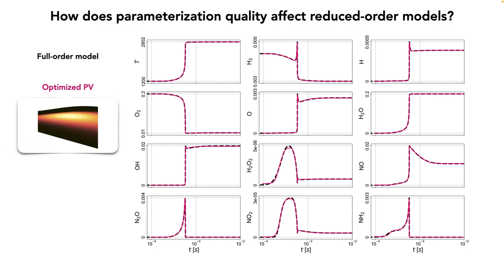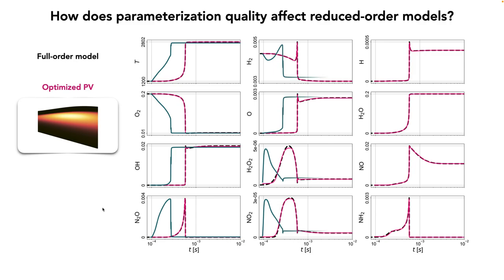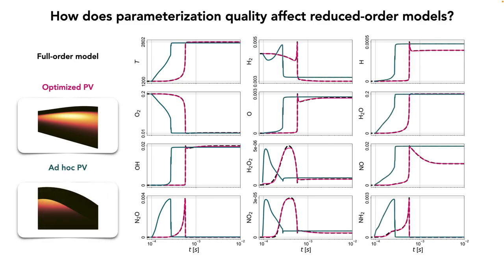You can see that they match quite well. We also show a couple of failure examples. For instance, if we took one of the ad hoc PV definitions for this combustion dataset, we get these profiles. And the reason for a much poorer performance in this case is that the parameterization topology exhibits significant non-uniqueness along a large part of the thermochemical state space.